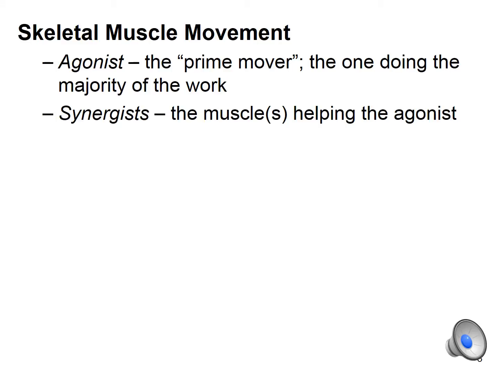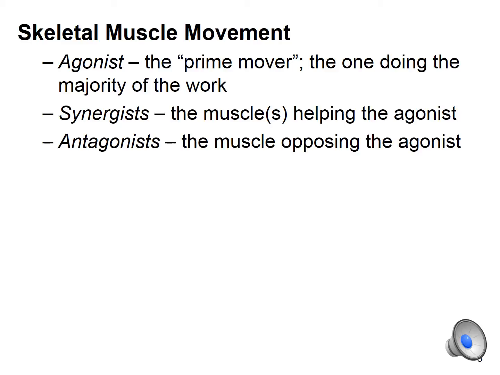A synergist is a muscle that's helping the agonist, but it's not the primary one. For example, the deltoid muscle or the brachialis muscle would be helping out. So there are several muscles working when you're doing bicep curls, but the primary muscle doing the bicep curl would be the biceps brachii.